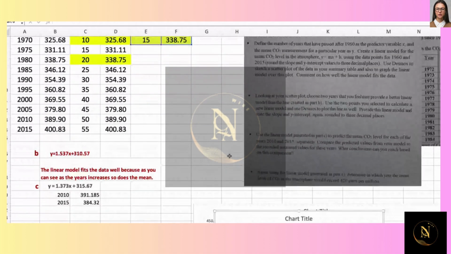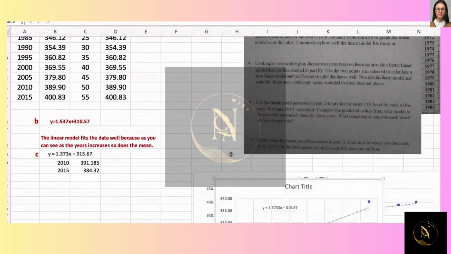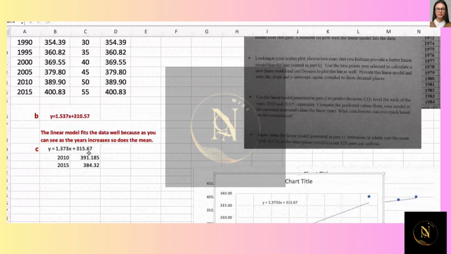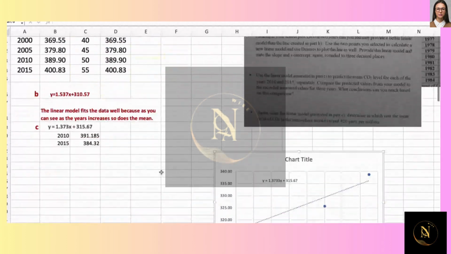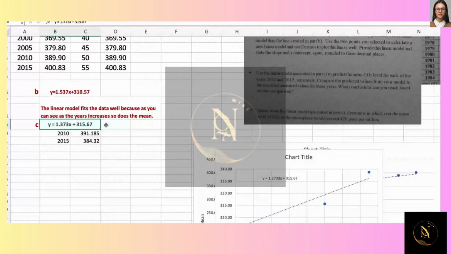So what's going to exceed 420 parts per million is, so I'm going to use, this is A, B, C. So here's my equation that I'm going to use. And I can just experiment with this.